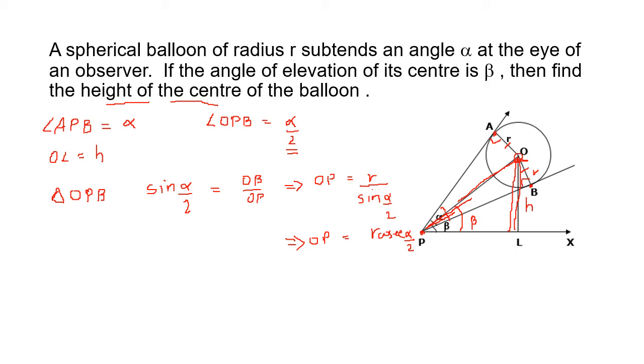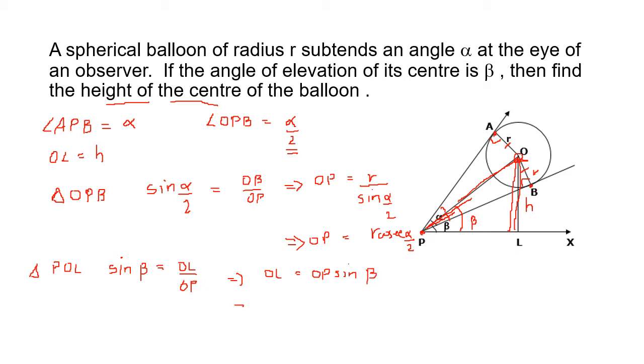Now we move to the next triangle, because we want to find the height. Which triangle? Triangle POL. Now angle OPL is beta. So we have sine beta equal to opposite, that is OL, upon hypotenuse, that is OP. This implies OL equals OP into sine beta.